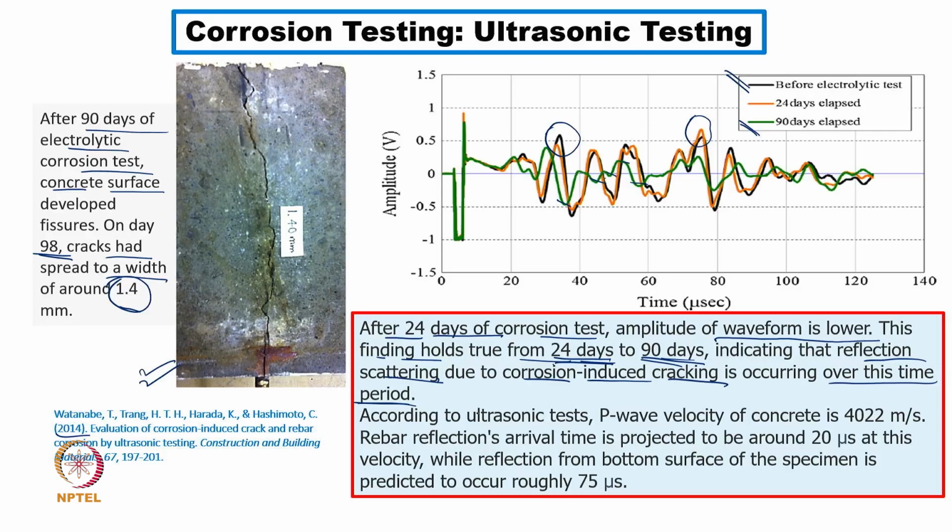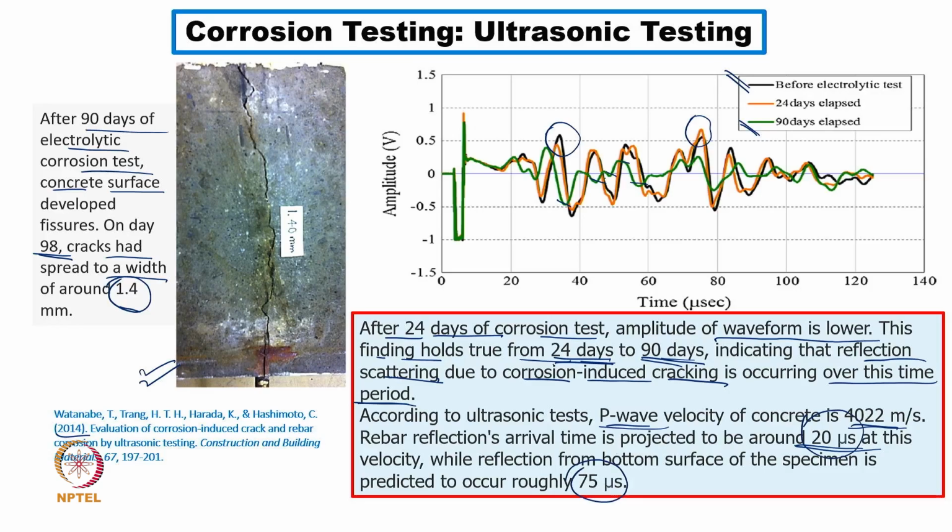So, what they have done is they have used the P waves. In an earlier lecture I mentioned what a P wave is. They kept a velocity of roughly 4022 meters per second, and initially estimated when the reflection should come back, roughly 20 microseconds. However, they found around 75 microseconds.